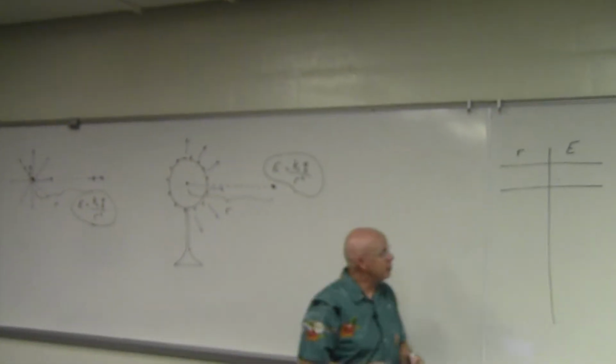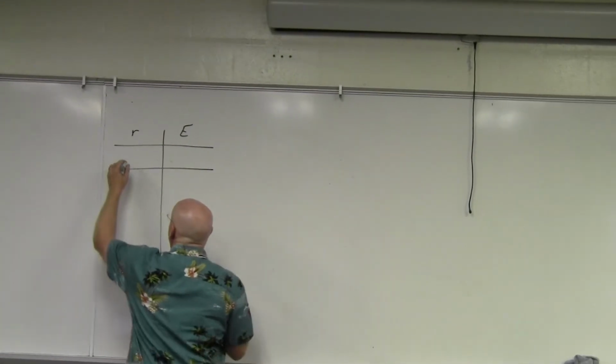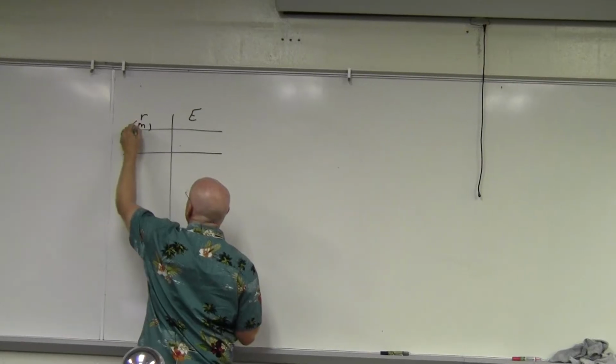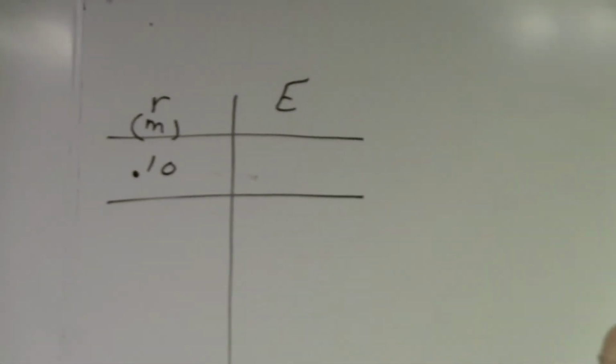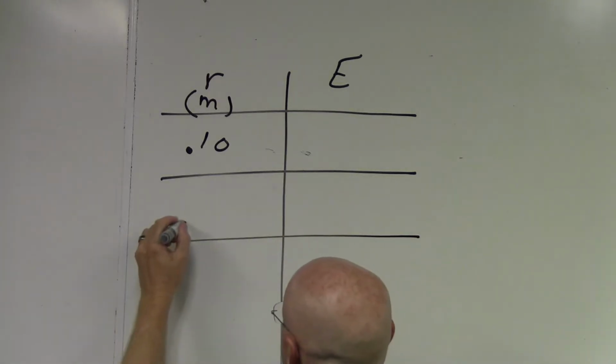Then in a second I will show you the equipment, and you'll see the closest you can really get, if we measure distance in meters, is about 10 centimeters, 0.10 meters. So that'll make our first measurement.